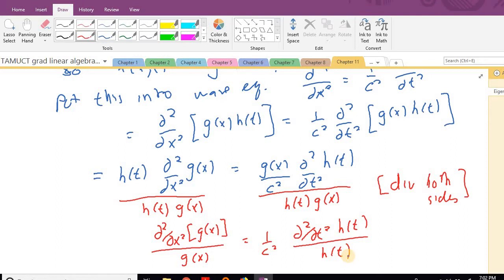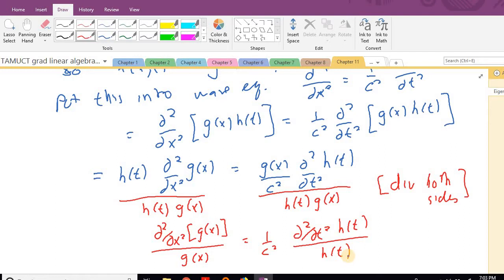No matter how x changes here, this side can't change. So the upshot is that neither side depends on x or t. Because if this changed when x changed, then this would have to change when x changes. But it doesn't. This only changes when t changes. And this side here too. This side changes when t changes, but this one doesn't. So neither side can depend on x or t.